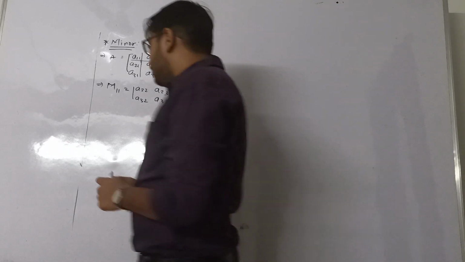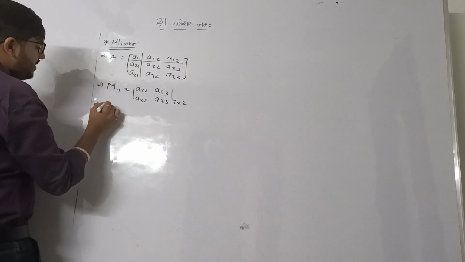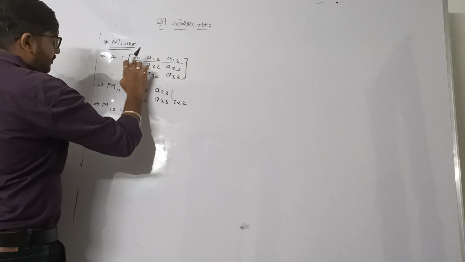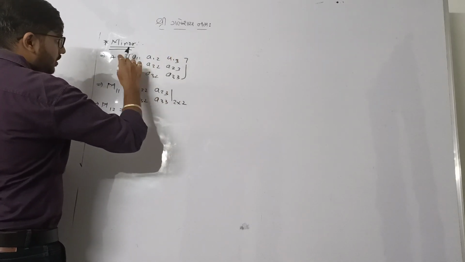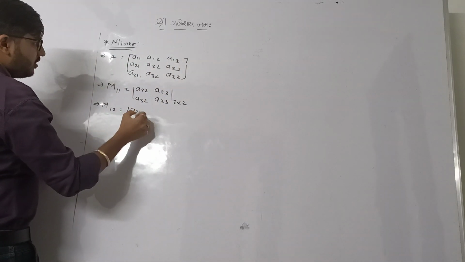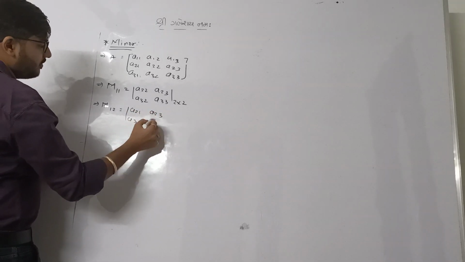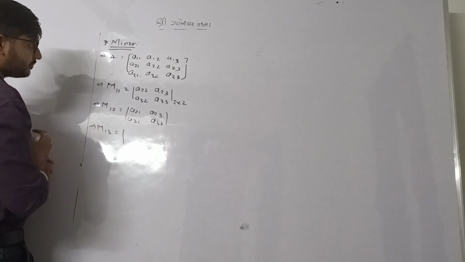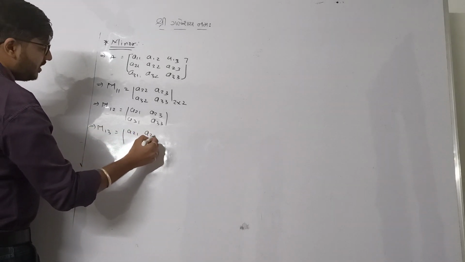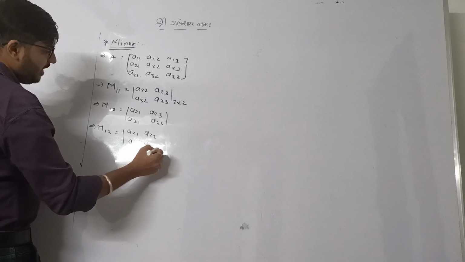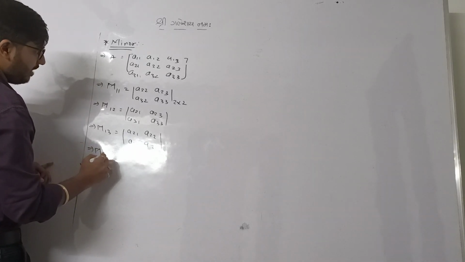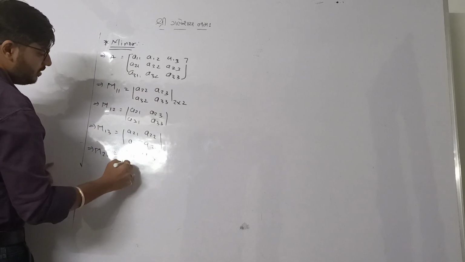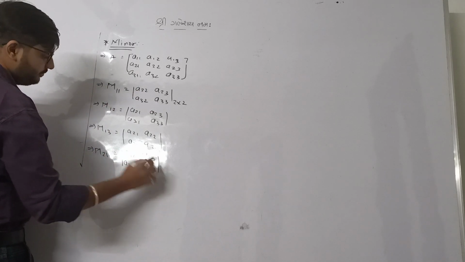Now, what will be the minor M12? It is in the first row and second column, so it will be A21, A23, A31 and A33. Similarly, minor of A13 is A21, A22, A31 and A32. Similarly, M21 is A12, A13, A32, A33.